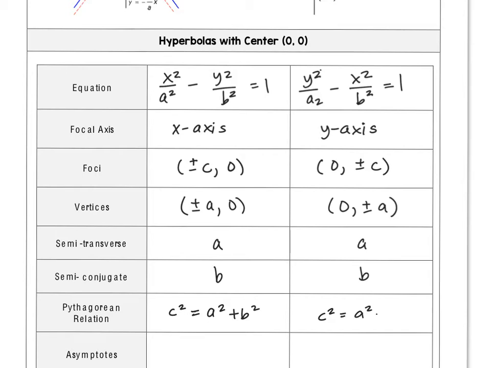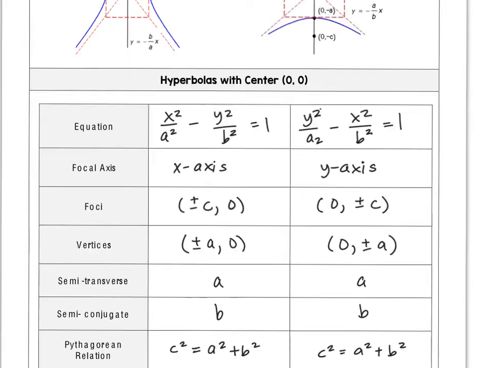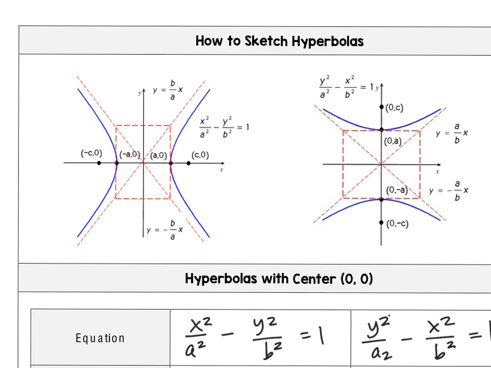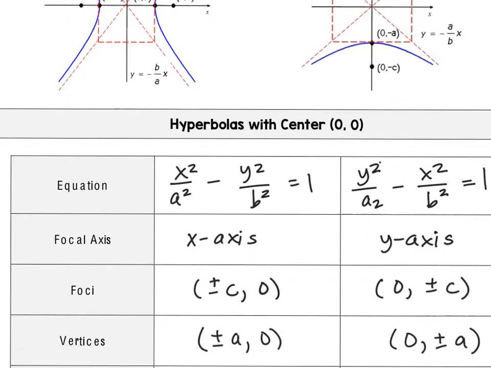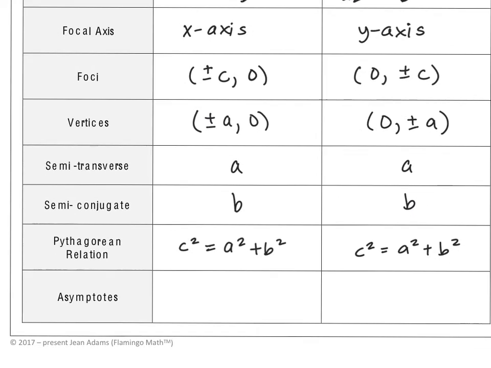A lot of times here it's written backwards like this, but either way it's the same. And if you look up here at this picture, you see how they have these asymptotes. Those red dotted lines are the asymptotes. The asymptotes for the first have the equation y equals plus or minus b over a x.